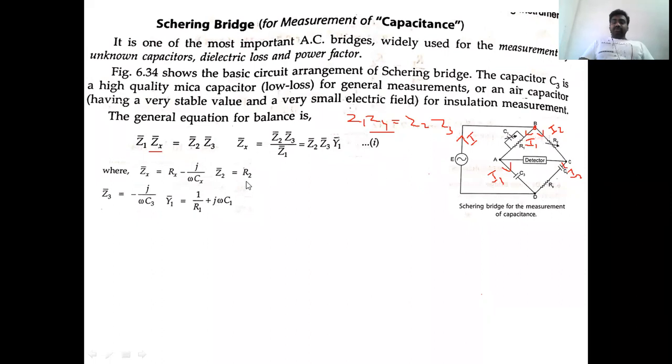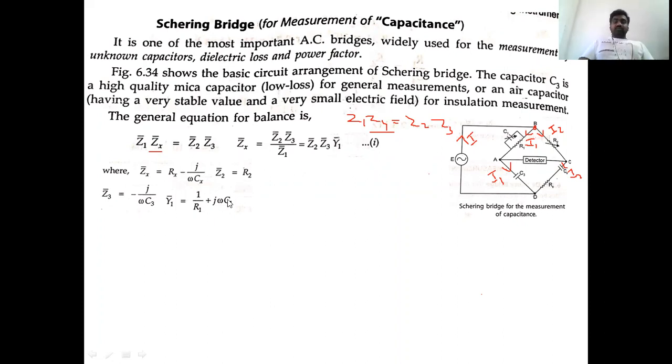And Z3, what is the value of Z3? Z3 is nothing but the element present in the third branch, that is minus j by omega C3. Y1 is the admittance, that is 1 by R1 plus j omega C1. That's what we represented here in the first element.